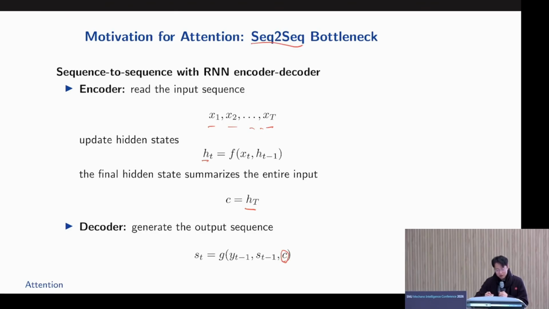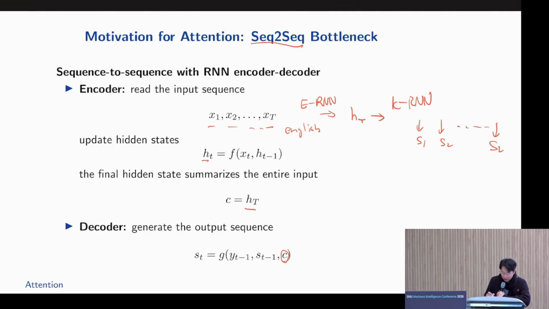So this is a sequence where, let's say we want to do machine translation. These are in English. You want to apply an RNN to get a single hidden state, and this is going to be the seed for the Korean RNN, and it's going to start outputting S1, S2, SL.